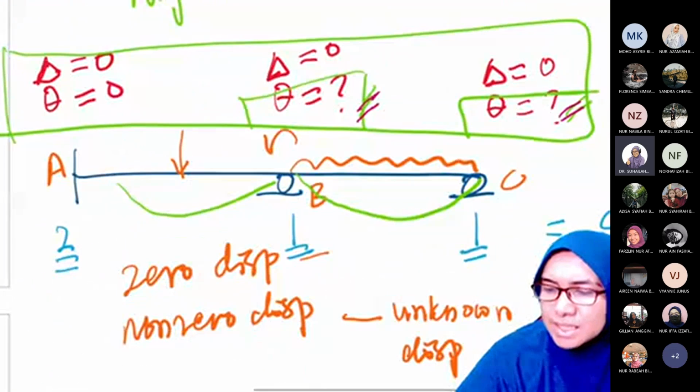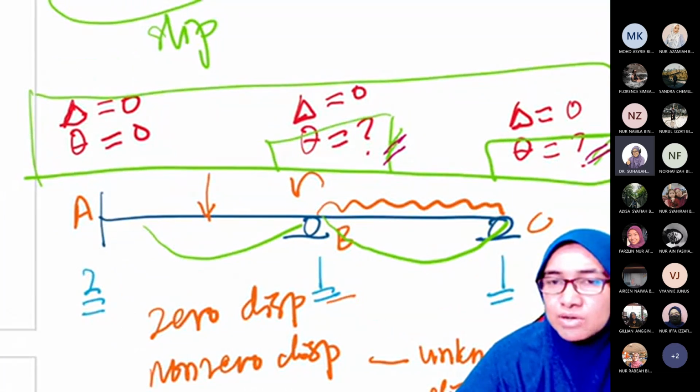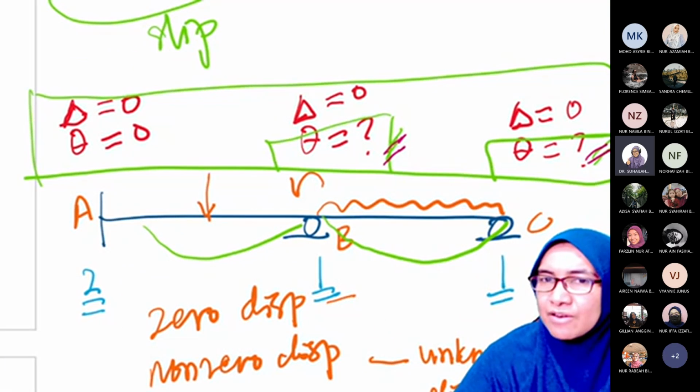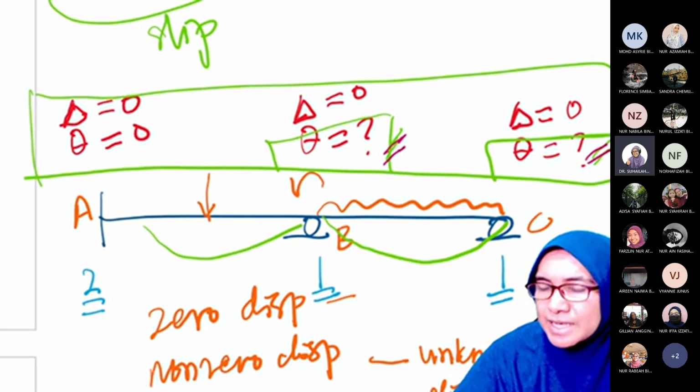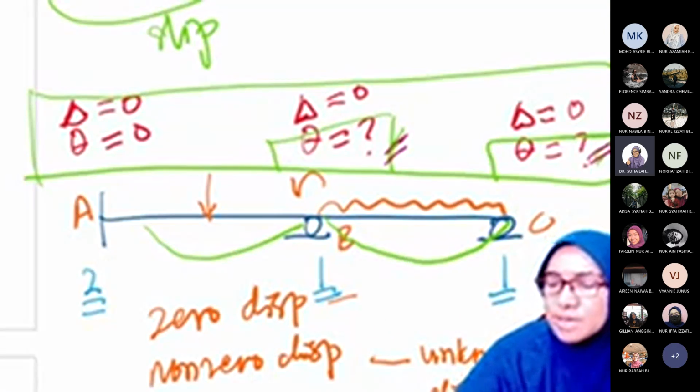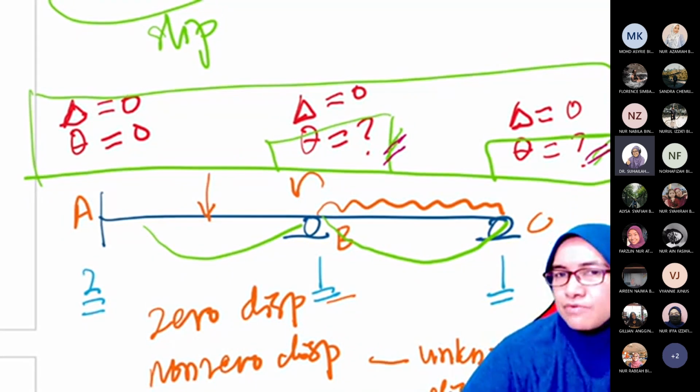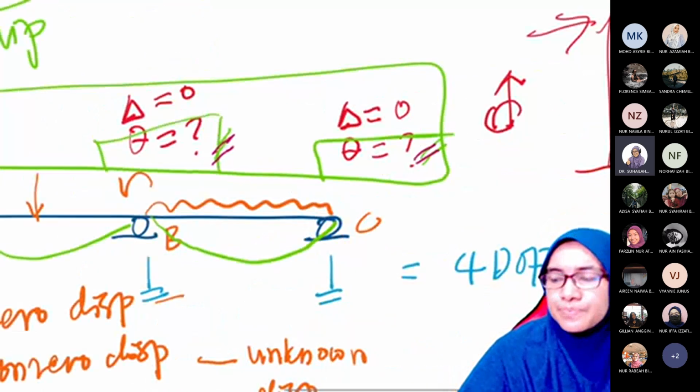And then we have 0, 0 and non-zero. We have 0 displacement at 4 positions. Where are those 4 zero displacements?